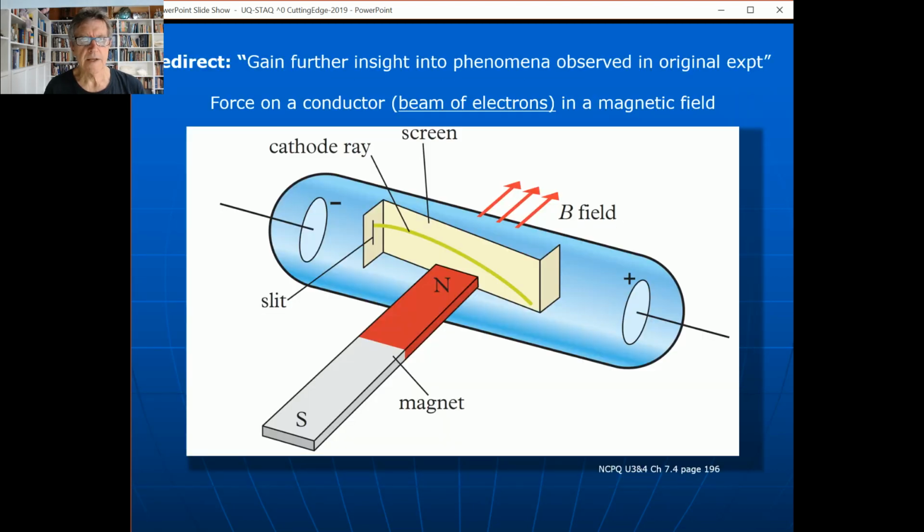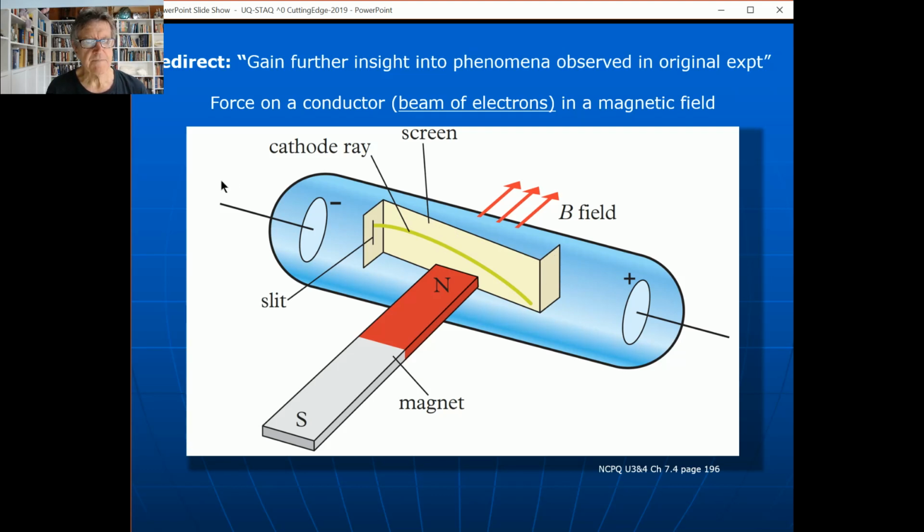Now look, another thing you can do to redirect, I said at the beginning, the syllabus talked about force on a conductor. Well, the conductor could be a beam of electrons, if you like. So now a lot of you will have this device. It's just a tube, evacuated tube, with a screen, a little metal aluminium screen coated in zinc sulfide.